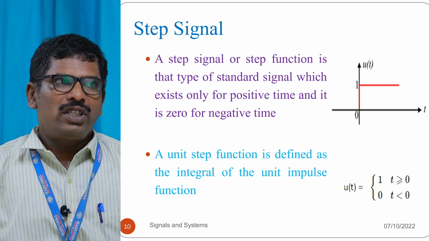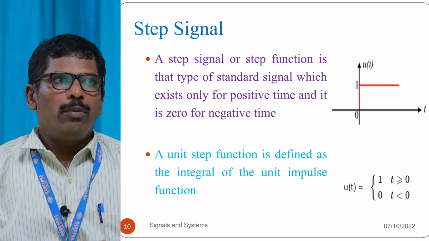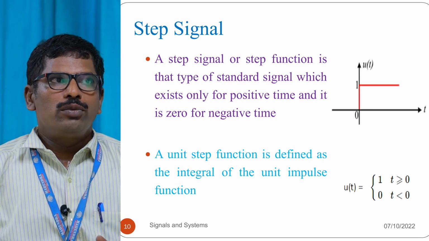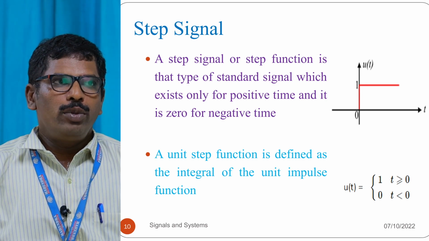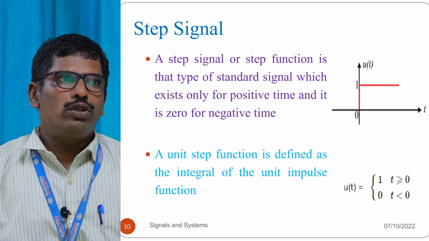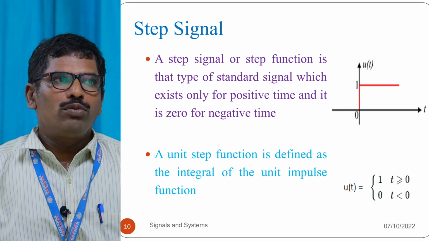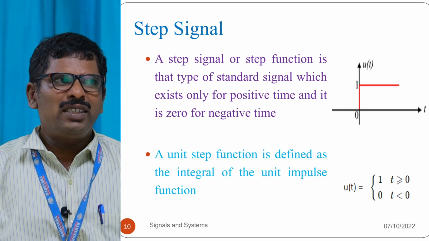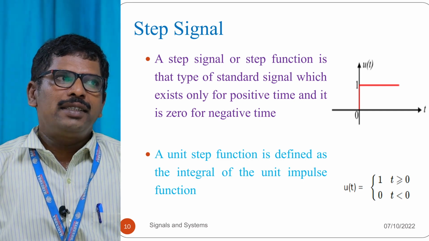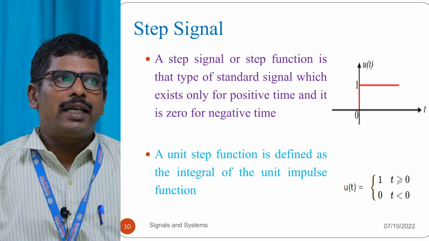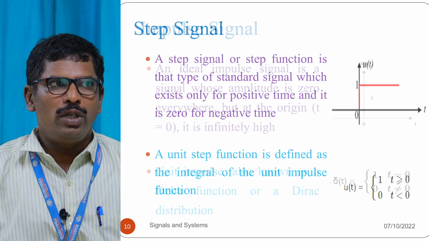From 0 to the left side the amplitude is 0, and from 0 to the right-hand side the amplitude is 1. This is the simple concept of a step signal, and we can get a step signal by integration.